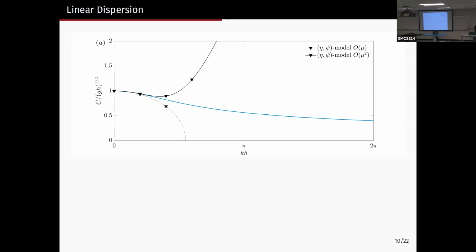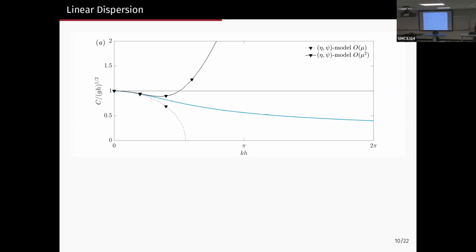Dispersion means that, okay, here C is the celerity, like the phase speed of the wave, and K is the wave number. So as the wave number changes, the phase speed of the wave changes. It's not the same. This is what we call dispersion.